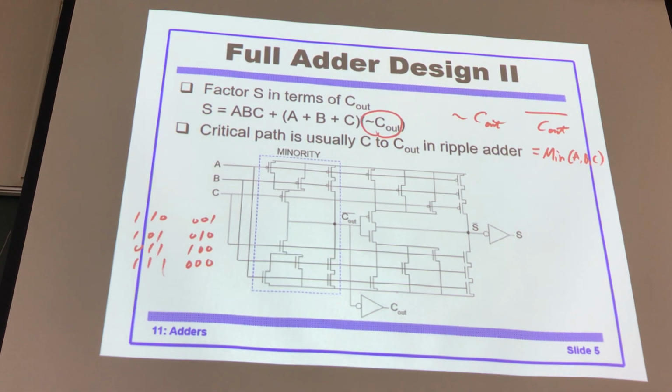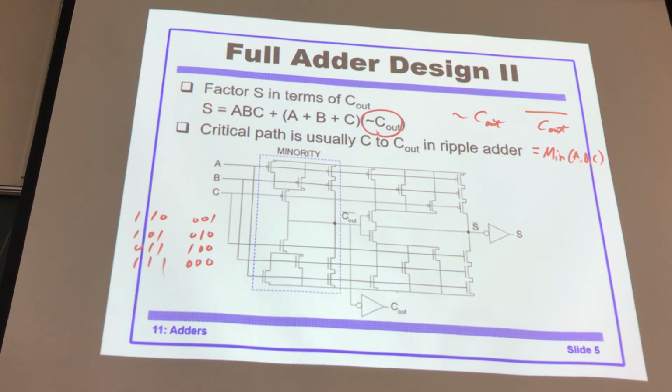So we put that minority circuit here and combine it with the other input variables, and that will give you the sum. This can be derived. You can just plug in the C out and derive. Eventually you will get the sum. So this circuit will give you the minority C out bar. That C out bar going through an inverter will give you the carry out.